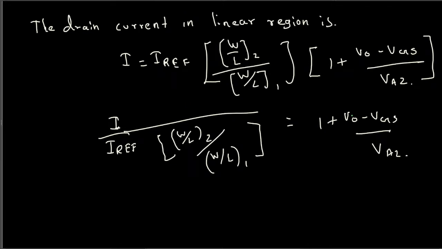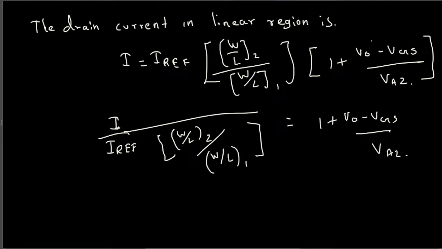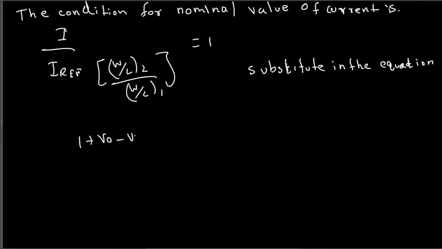So this becomes 1 plus V0 minus VGS divided by VA2, the whole thing becomes 1. If I move this one to the other side, that's going to be a negative 1, so that's going to make this 0. So V0 minus VGS over VA2 is equal to 0, and VA2 is 20, and if you bring the 20 to the other side, that's going to be 0 as well.